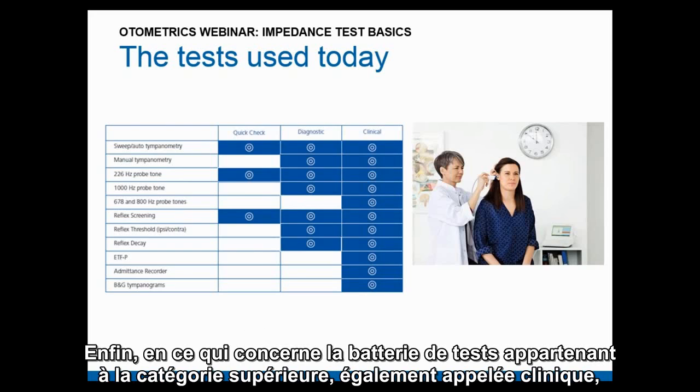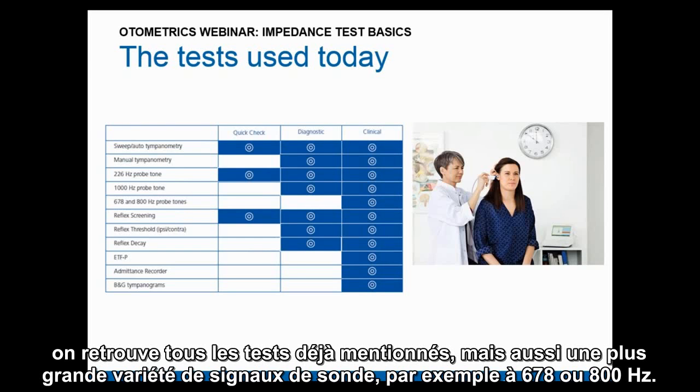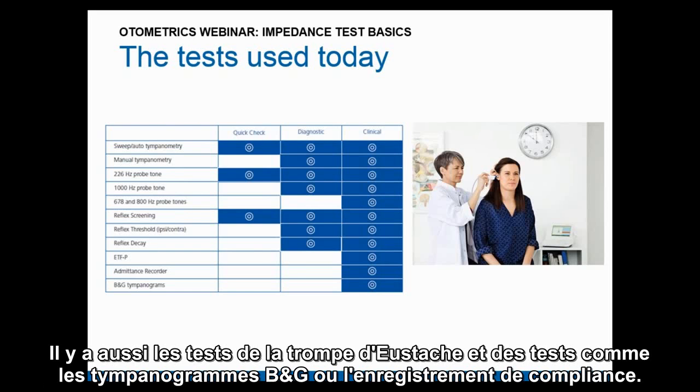And finally, regarding the test battery, in the high-end segment, sometimes called clinical, you will find all the tests I've described before, but for example, you will also get more probe tones like the 678 or 800 Hertz probe tones.